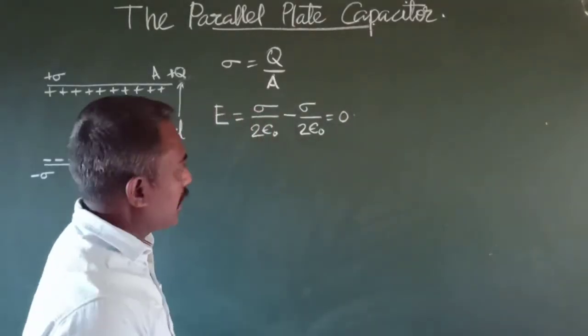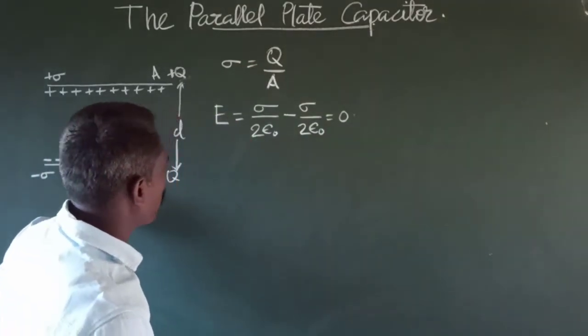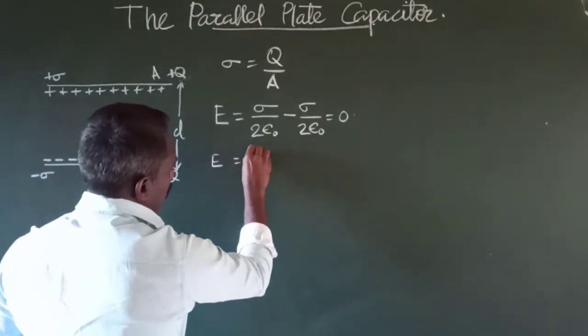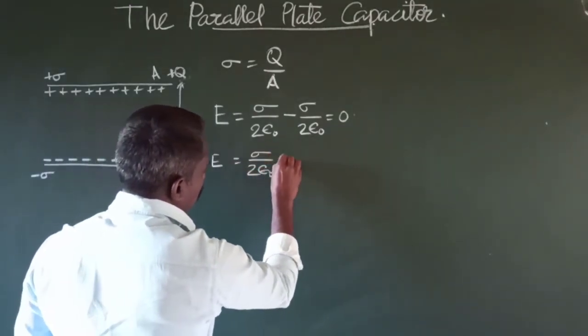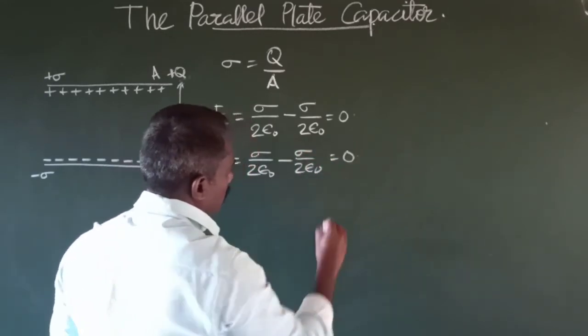It is the same in the outer region of the second plate: E is equal to sigma divided by 2 epsilon 0 minus sigma divided by 2 epsilon 0, equal to 0.